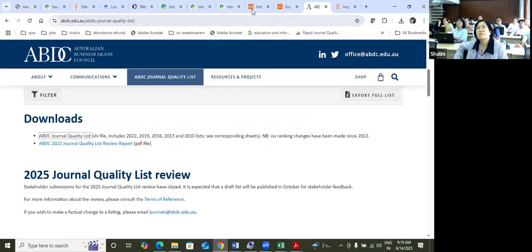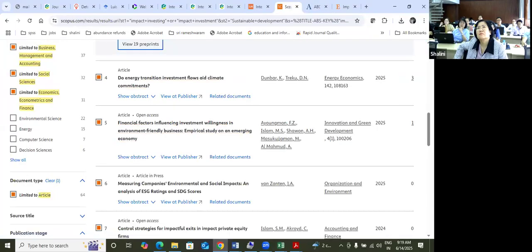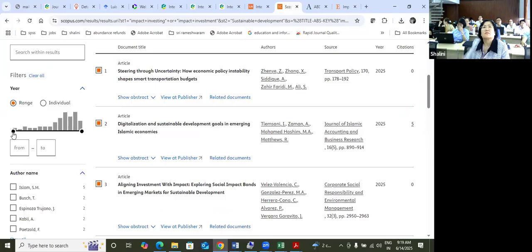Here is the time span, and here you can exclude some of the papers. You do this when you have a large number of papers. But in this case, we already have a limited number of papers, so let's not use this. It comes on its own.